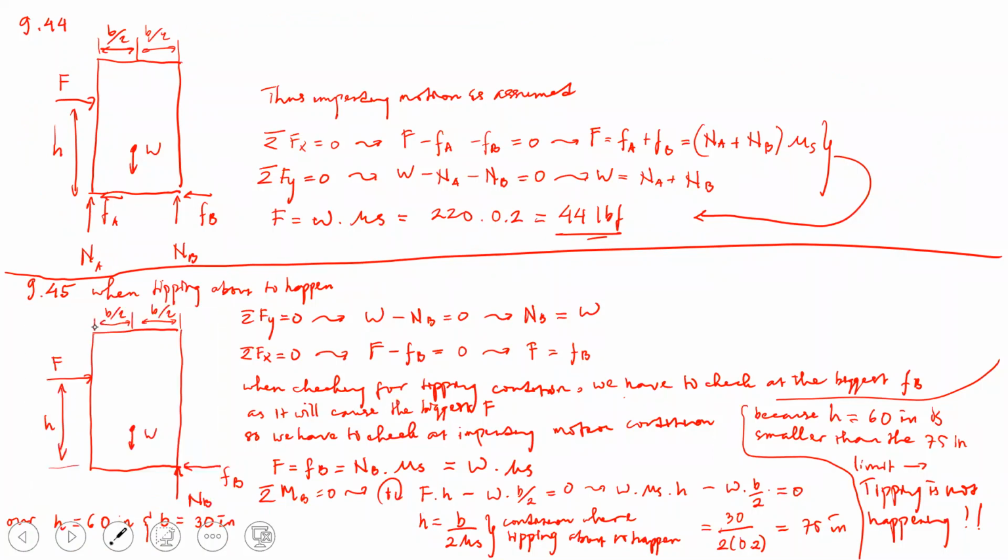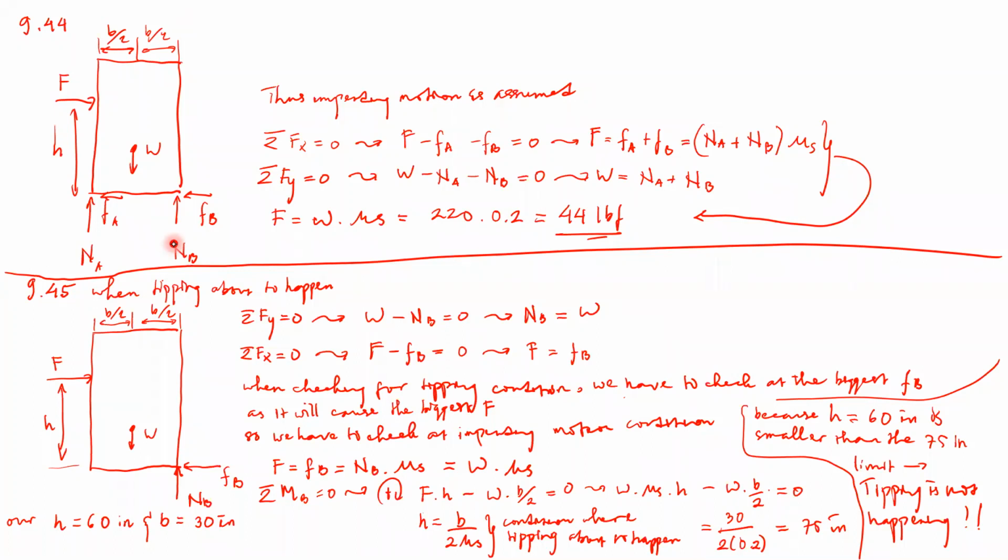So basically, the first thing that we're supposed to do is draw the free body diagram. Always start with the free body diagram. So this is our free body diagram. Remember, this particular problem is slightly different than the previous problem example we discussed.